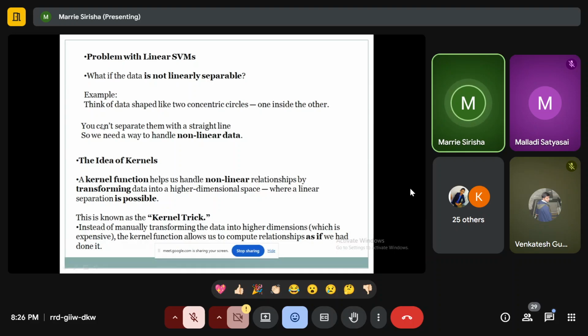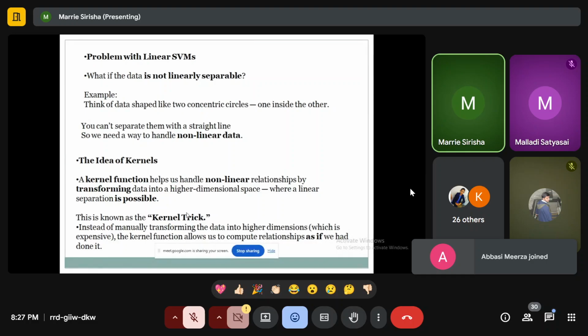We cannot separate 2 concentric circles with a straight line. So this is non-linear data. What is a kernel? Here you have to understand that a kernel is nothing but a function that helps us handle non-linear relationships by transforming data into higher dimensional space where linear separation is possible.